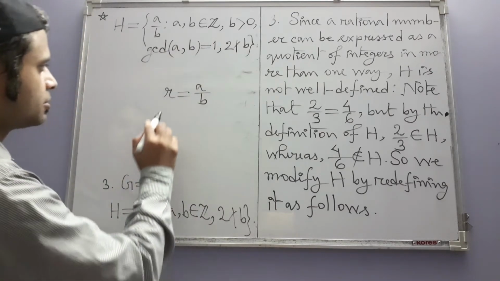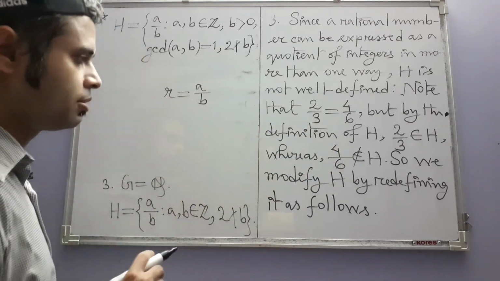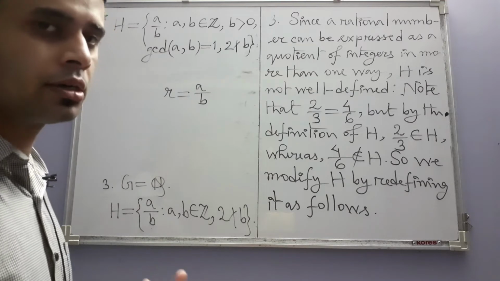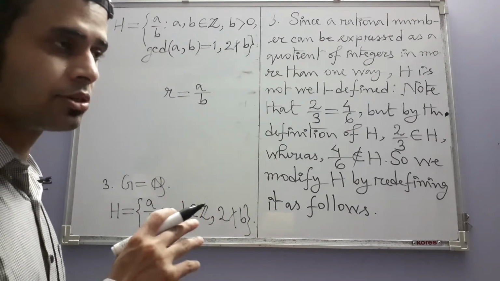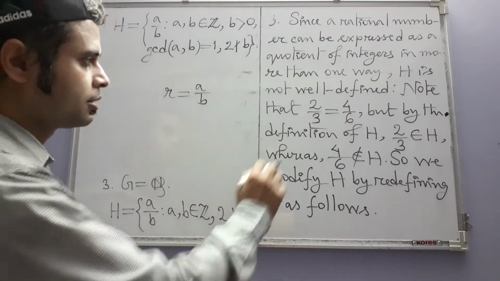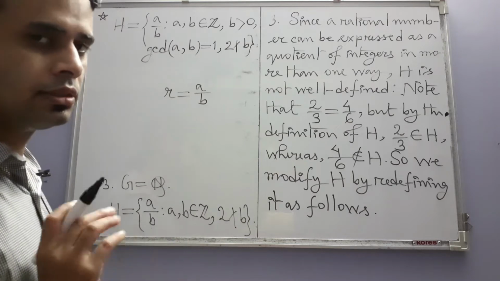Normally there is nothing called the denominator of a rational number when you express it as a quotient of 2 integers, because for a given rational number the denominator is not unique, so you cannot say the denominator.